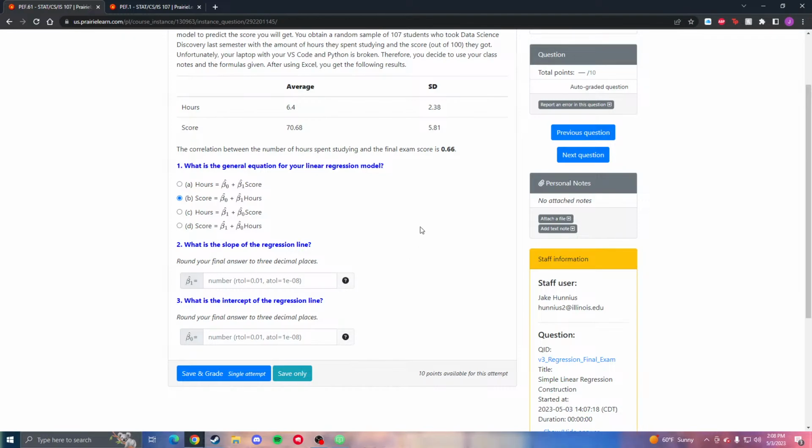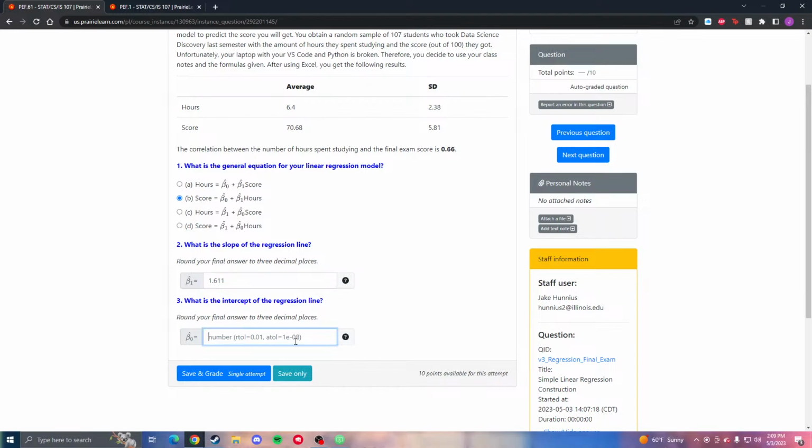We get 0.66 as our R, our SDY is 5.81, and our SDX is 2.38. 0.66 times 5.81 divided by 2.38 is 1.611176. I'll just throw in 3 decimal places.